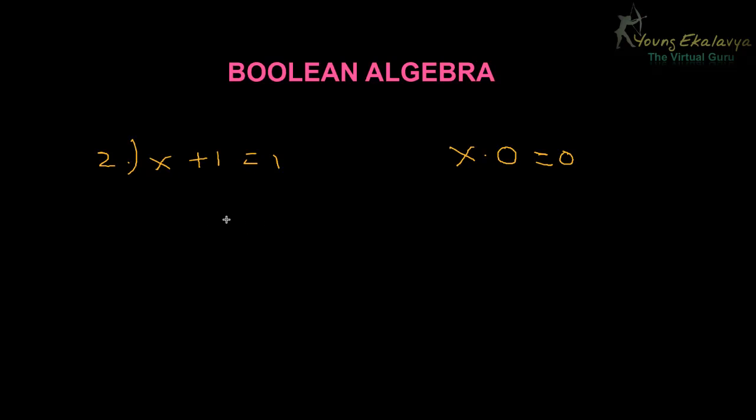As I said earlier, we can prove even this using a truth table. We will see it for this one too. x here, and the second one, 1 here, and now the output y.